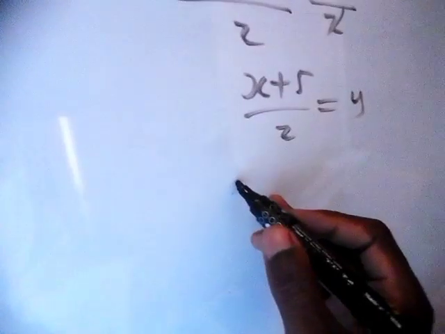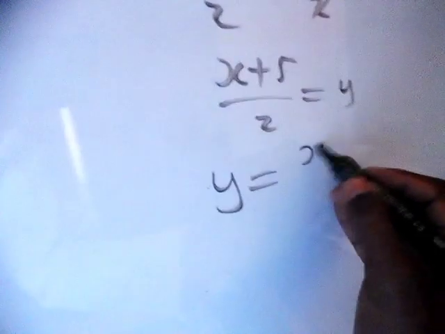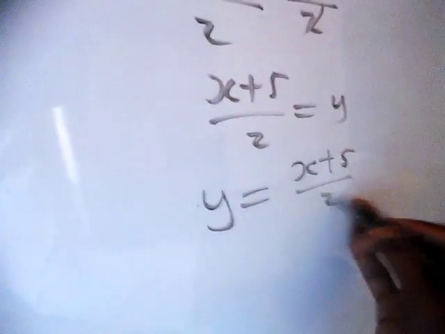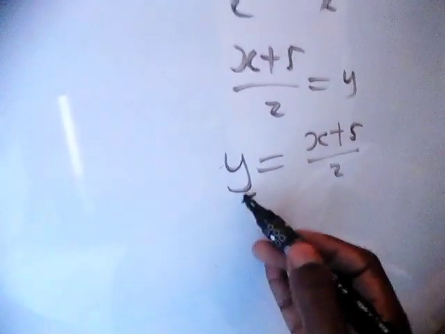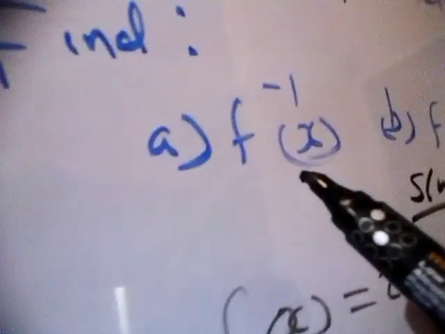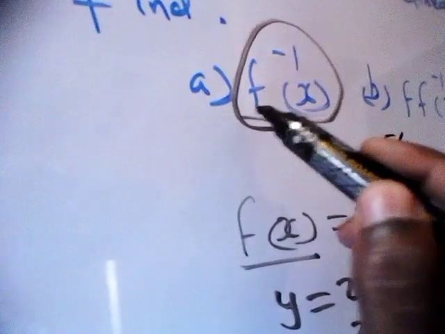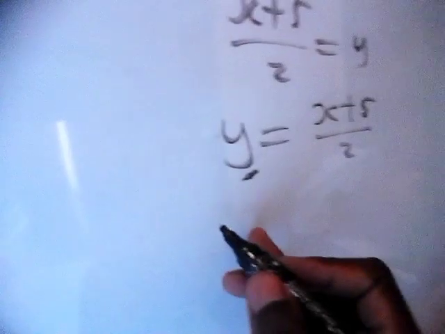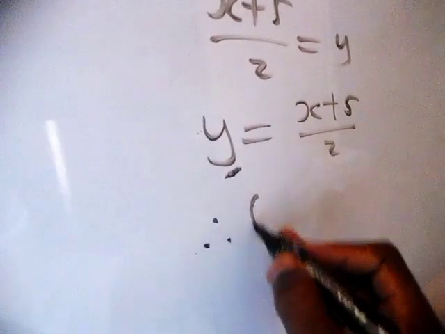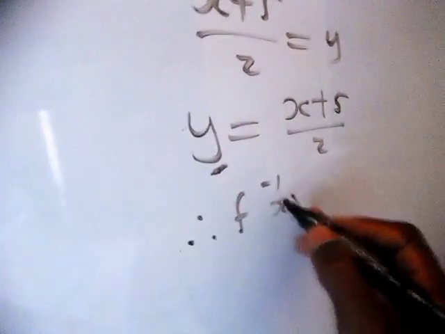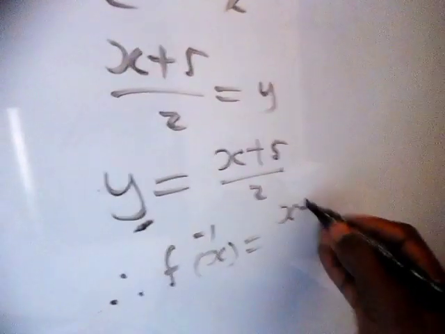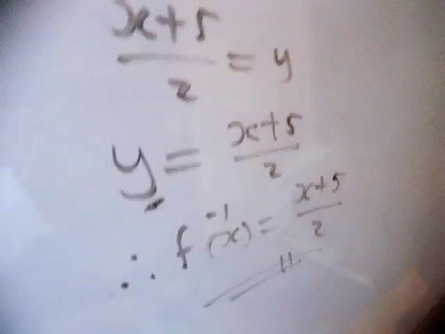So y equals x plus 5 over 2. But we know y is standing in for the inverse function, so where there is y we put the inverse function of f of x. Finally, the answer is the inverse function of f of x equals x plus 5 over 2, and this is the solution.